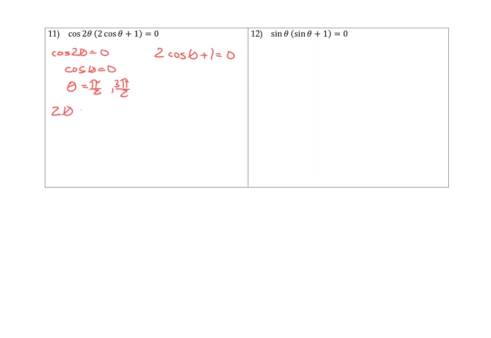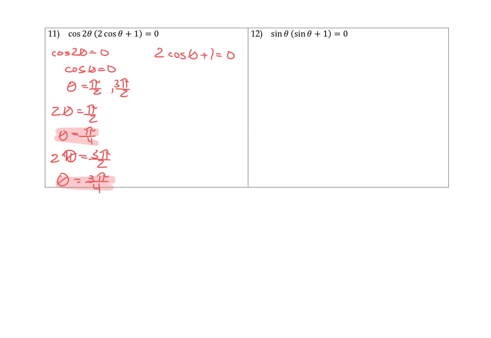So 2 theta equals pi over 2. Multiply by 1/2, so theta is pi over 4. And 2 theta is 3 pi over 2. And so multiply by that reciprocal, and it's 3 pi over 4. So there are 2 solutions here.